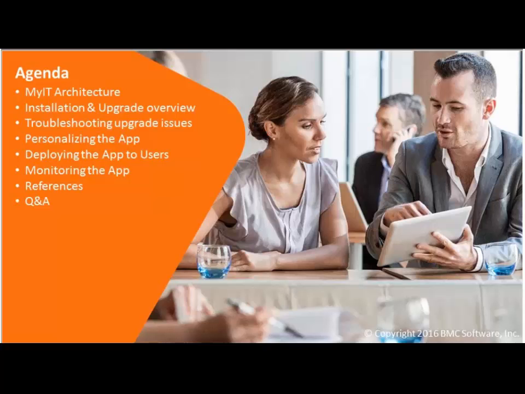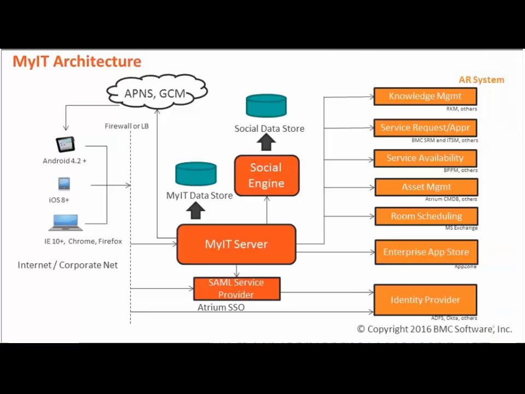And then once the application is rolled out to all users in the enterprise, how do you monitor the application? Then I'll also share some of the references that I used to prepare this presentation, followed by Q&A. All right, so let's get started with the first topic, which is the MyIT architecture.